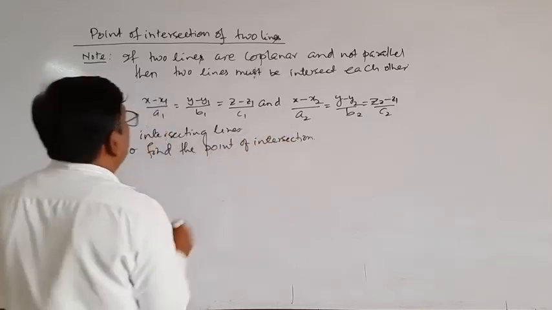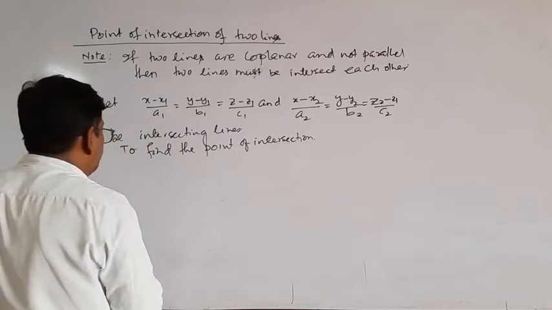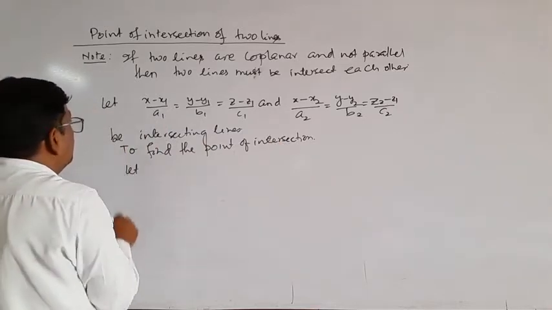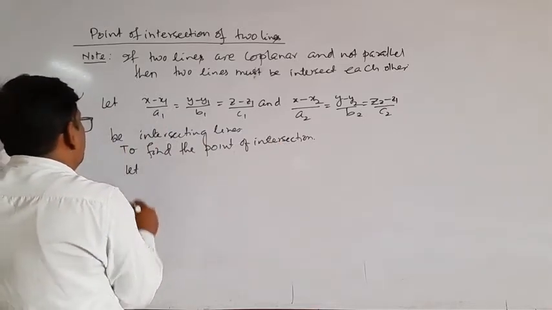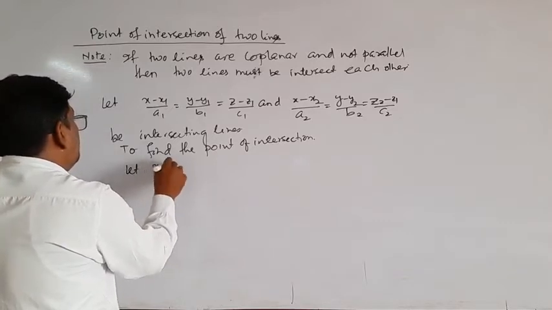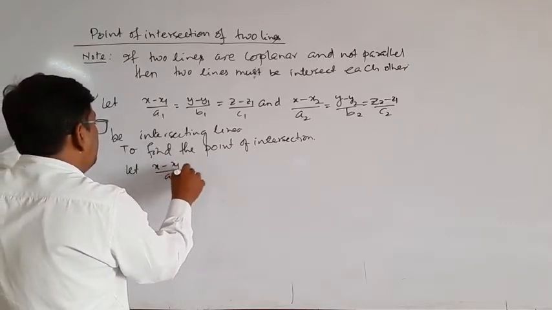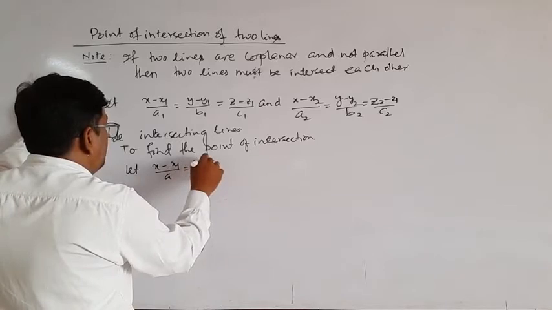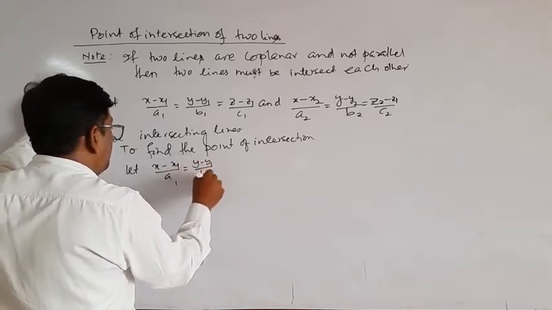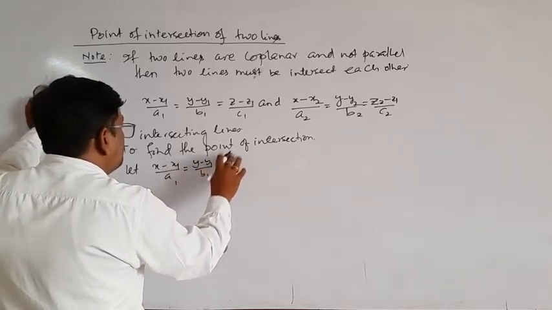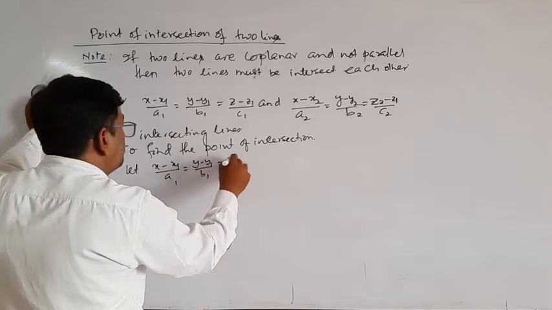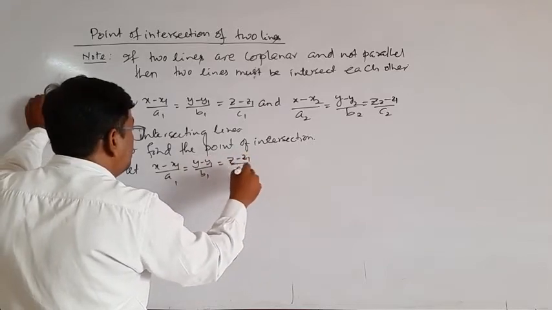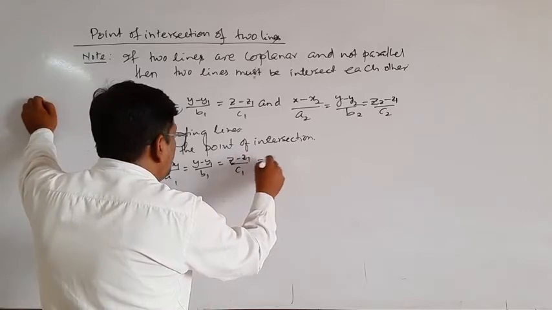To find the point of intersection, let x minus x1 by a1, y minus y1 by b1, z minus z1 by c1 be equal to lambda.